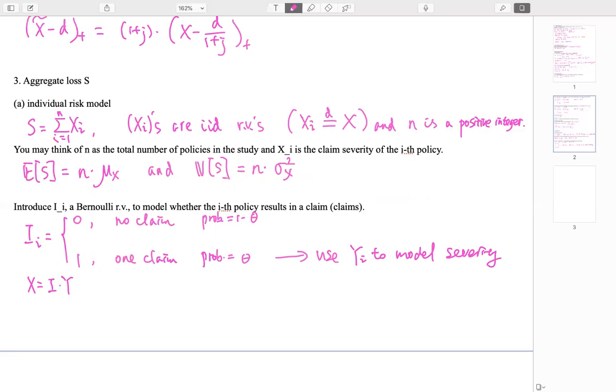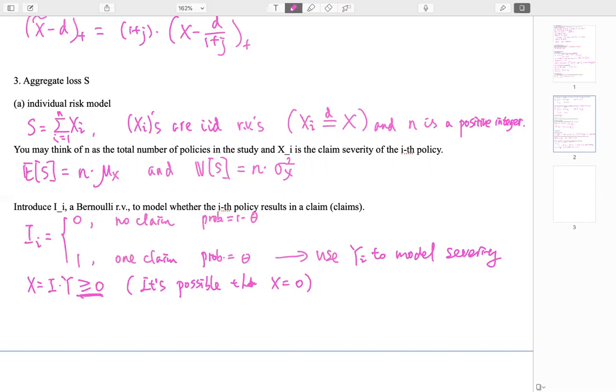Because we use X to model the claim from the ith policy, and there is a possibility that the ith policy is a good one. It does not come back with any claim. So it is greater than or equal to 0. Okay, it can be 0. So let me write it. It is possible that X equals 0.